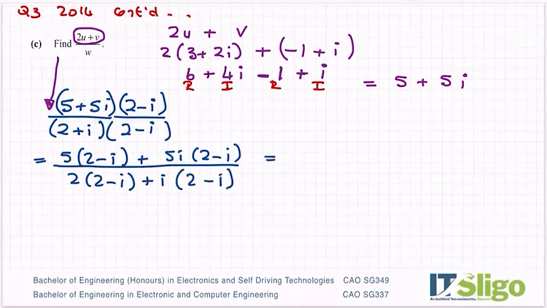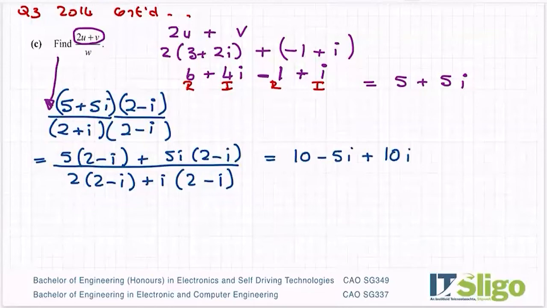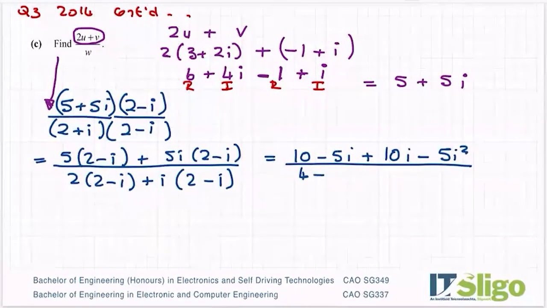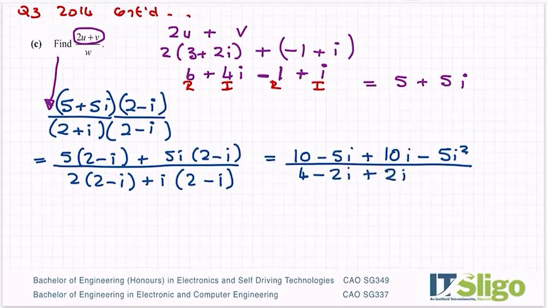Okay, and then let's multiply it out. 5 2s are 10, minus 5i, plus 10i, plus by minus is a minus 5i squared. And on the bottom, 2 2s are 4, minus 2i, plus 2i, plus by minus is a minus i squared.